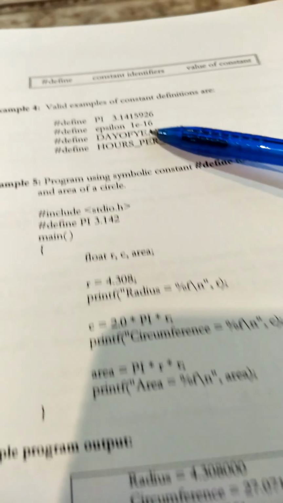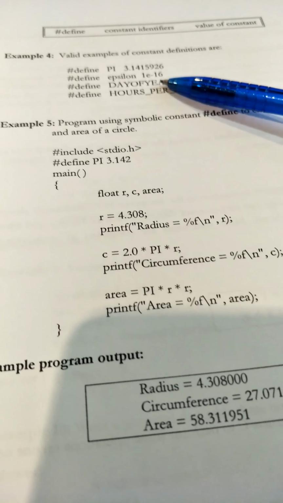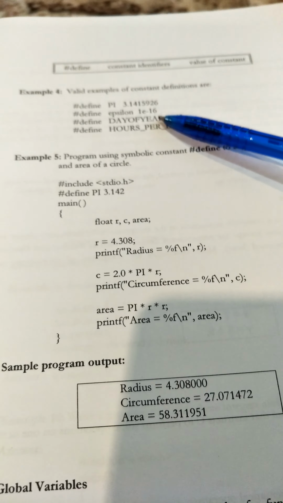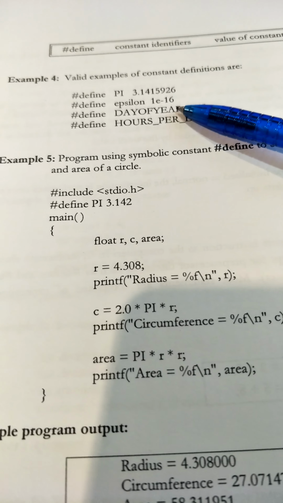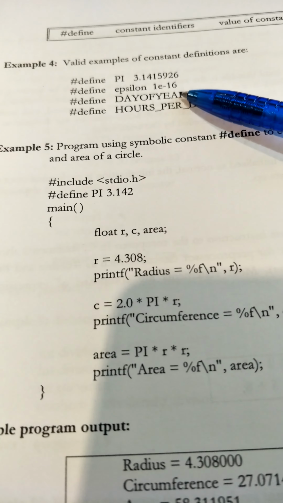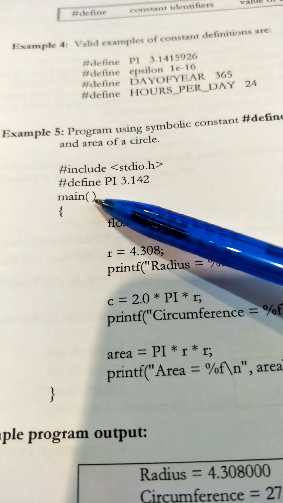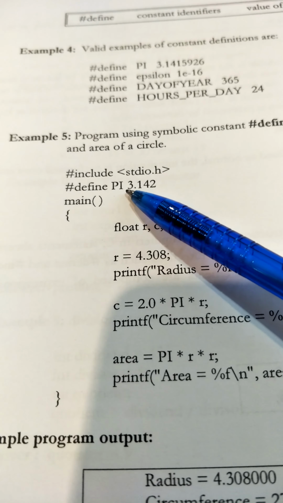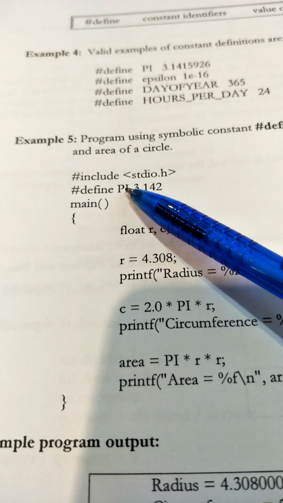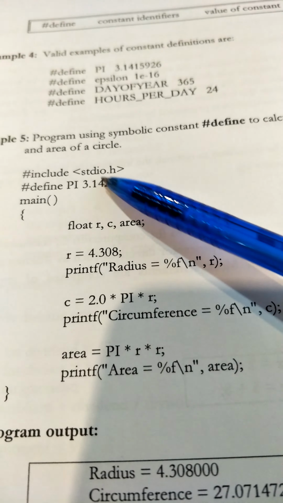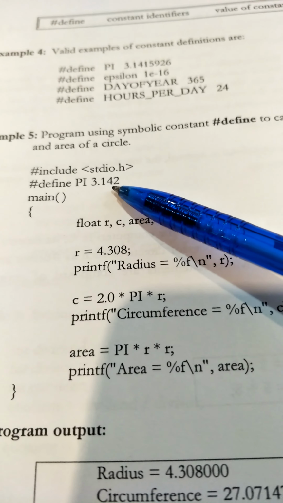This is an example of using a constant value. We define pi, without an equals sign here, and when you use pi, you will take this value 3.142.